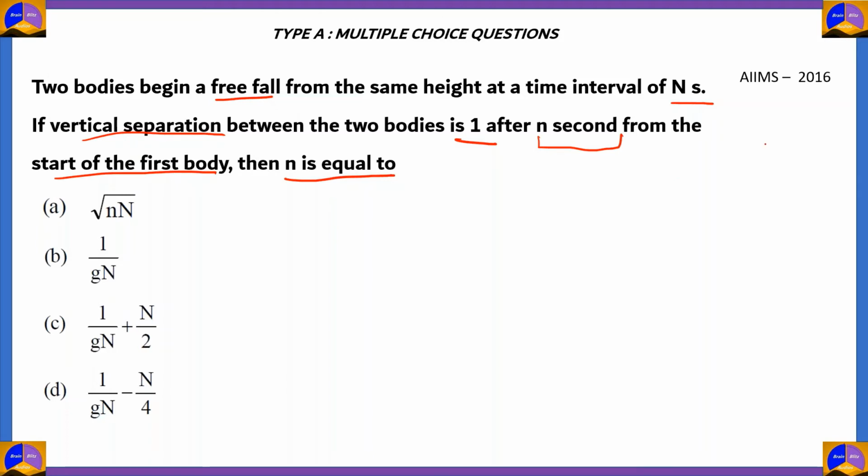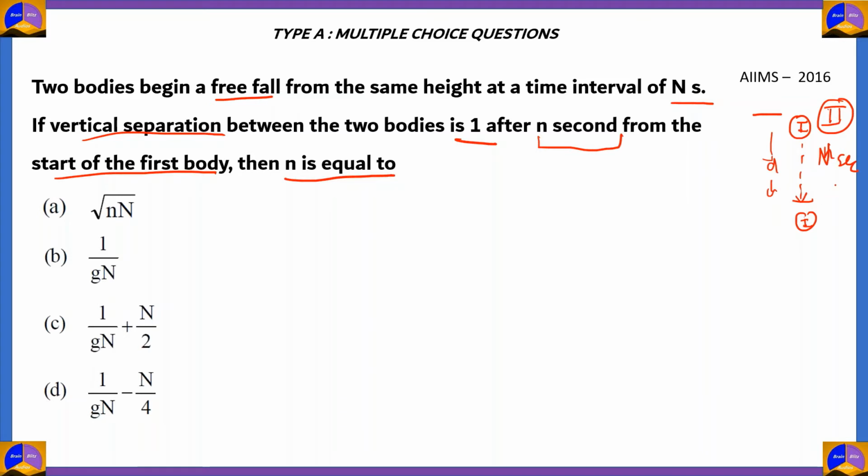So to give you a gist of the question, let's look at the scenario. A body 1 is thrown and it reaches a distance, say d, after n seconds, capital N seconds. Now at this position, a second body is dropped from the height.